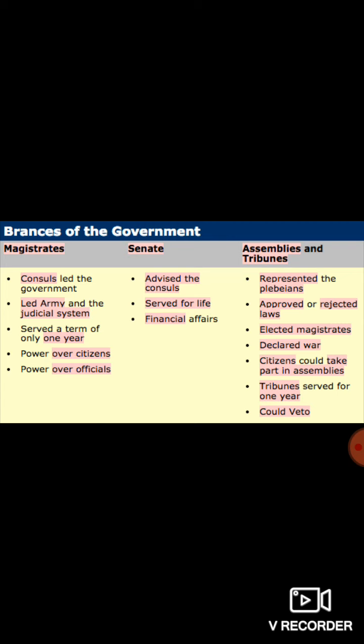These were the powers of the magistrates. Then another branch was the Senate, the advisory body that advised the consuls. They served for life. They looked after the financial affairs. They even judged the emperors by how they behaved towards the Senate.